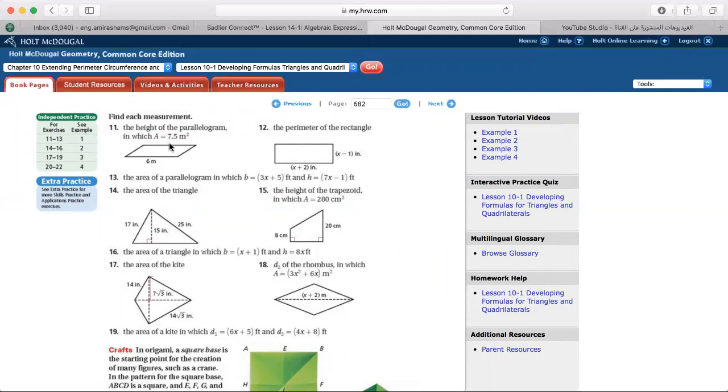The first type is to calculate the area, so I have the height and I have the base. The second type is I have the area and I want to get one of the two dimensions. One of the two dimensions is missing.